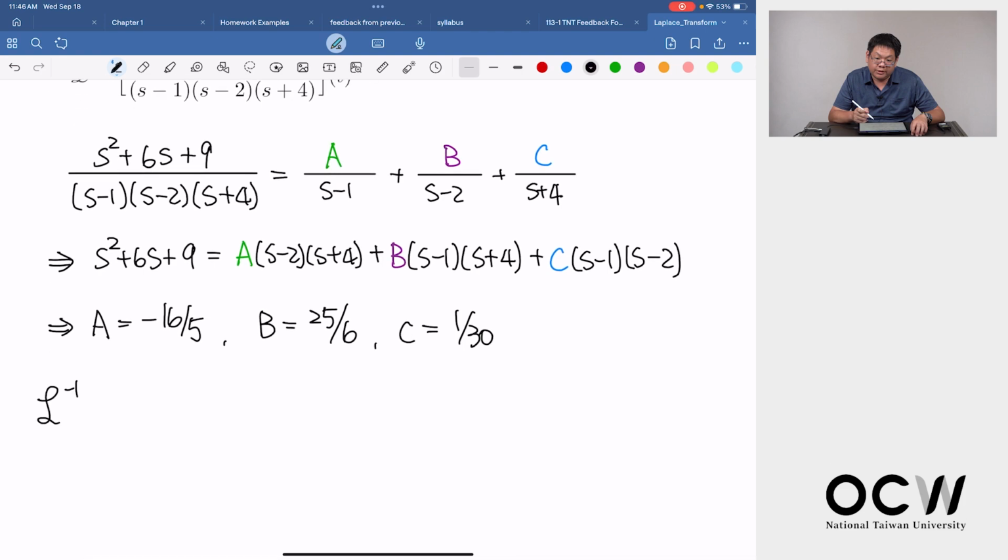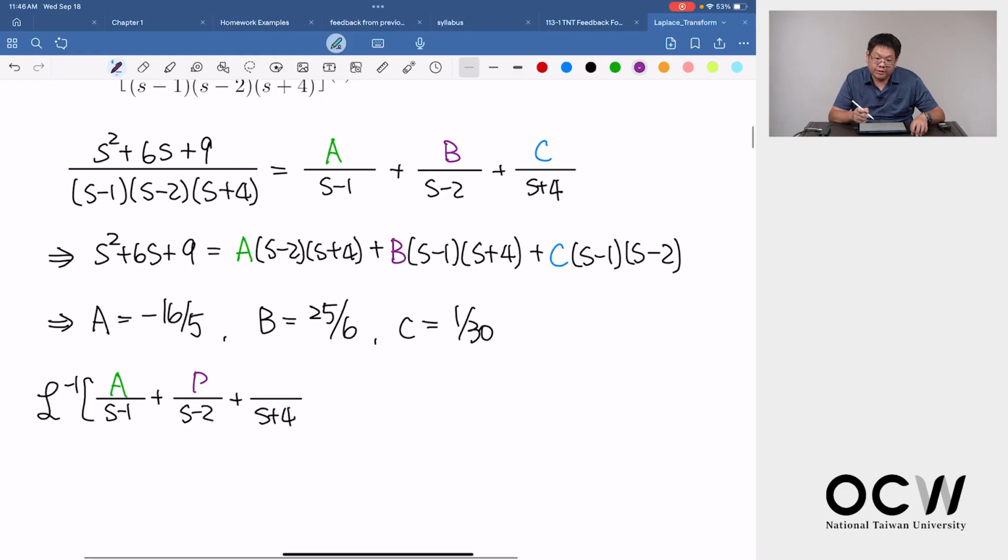Then your inverse Laplace transform of your a divided by s minus 1, here b divided by s minus 2, and c divided by s plus 4. So this is b, and here is c. This will be minus 16 over 5 times the inverse Laplace transform of 1 over s minus 1.